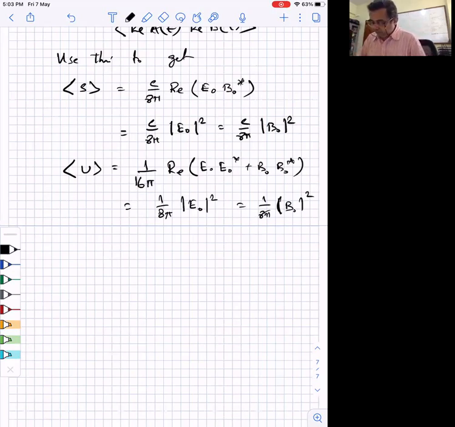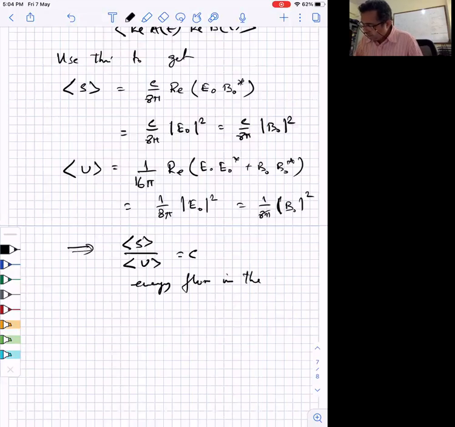So over here also it basically tells me that the energy flow in the wave is at the speed of light.